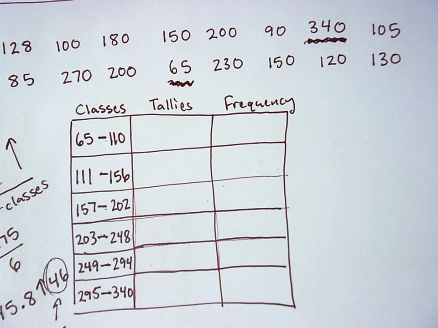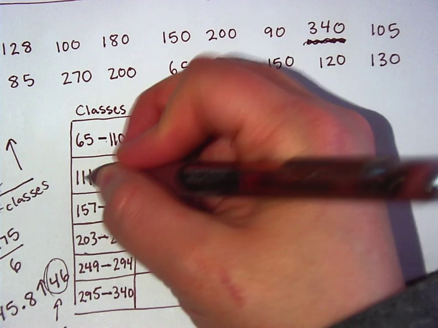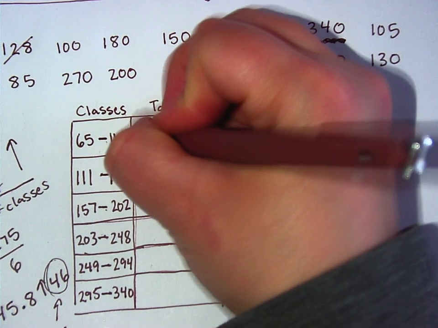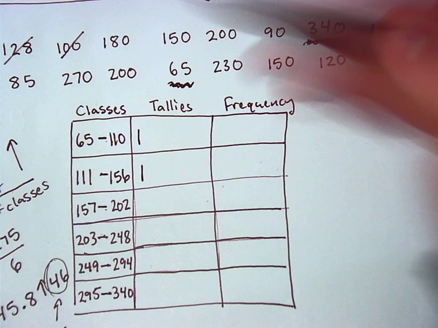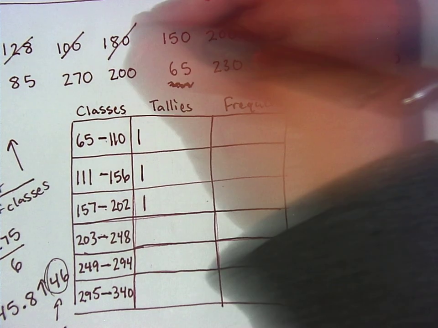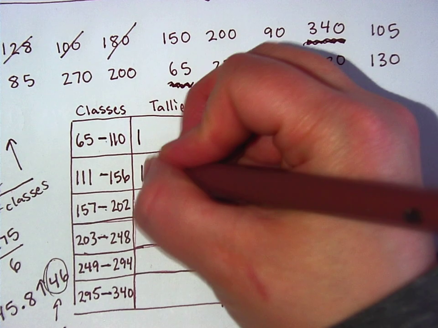Okay. Now I'm going to start with tallies and figure out where everything goes. So I'm going to start with this 128. That goes in this category, so I'll put a tally there. This one's 100. 180 goes, I guess, in this category. Go ahead and continue on your own and then see if your work matches mine.